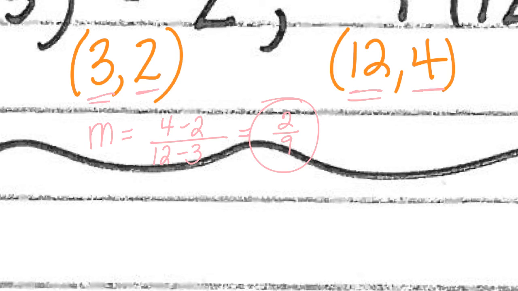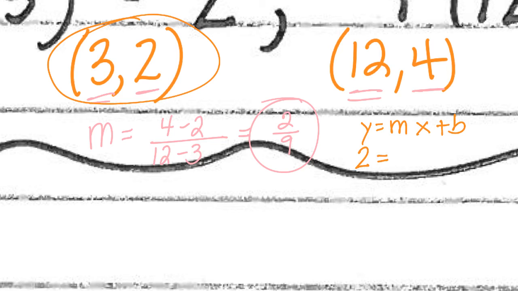From here, we're going to pick a point. I'm just going to pick the first one because it's the first one I see. Y equals mx plus b. Y is 2. My m is 2 over 9. My x is 3 plus b. And notice that 3 and 9 can reduce. So I have 2 equals 2/3 plus b. Well, I have to subtract this 2/3 over.